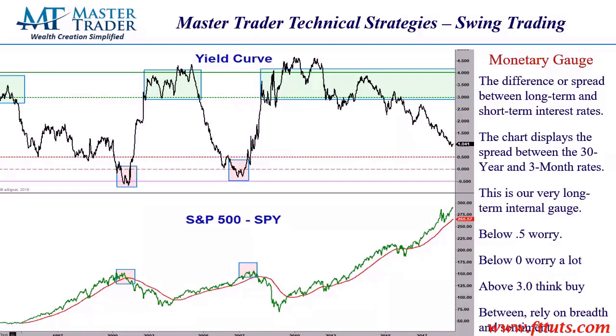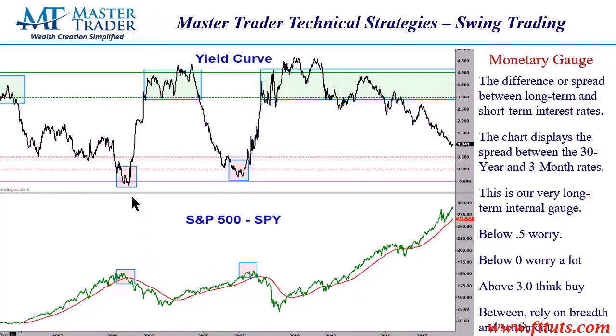So what we want to look for here is when there is the risk of a big bear market. And that occurs when you have inversion, where you have short-term interest rates above long-term interest rates. This just plots that and gives us a very clear view of when that has happened. If it gets below 0.5, I'm saying, hey, that's something to be concerned about. Now, the lag time here is pretty long.